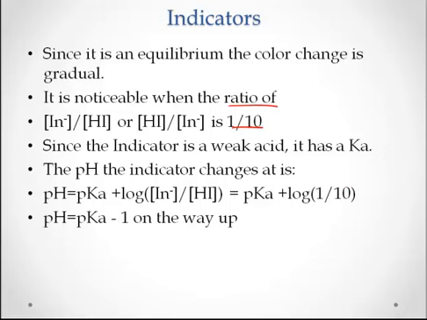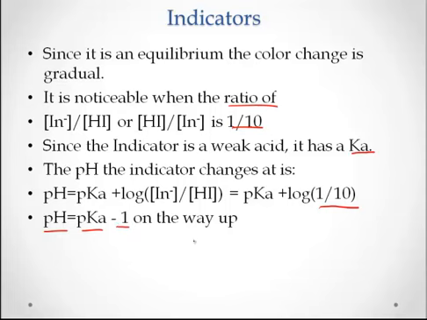And so if we think about the fact that it's a weak acid, that means it has a Ka, as many of you are familiar with and probably tired of. If we look at the Henderson-Hasselbalch equation, if I were to just stick in the 1 over 10 like I've got right here, that would give me 1 over 10, and so then taking the log of that, we get a -1. So in this situation, the indicator would change its pH from its pKa -1.